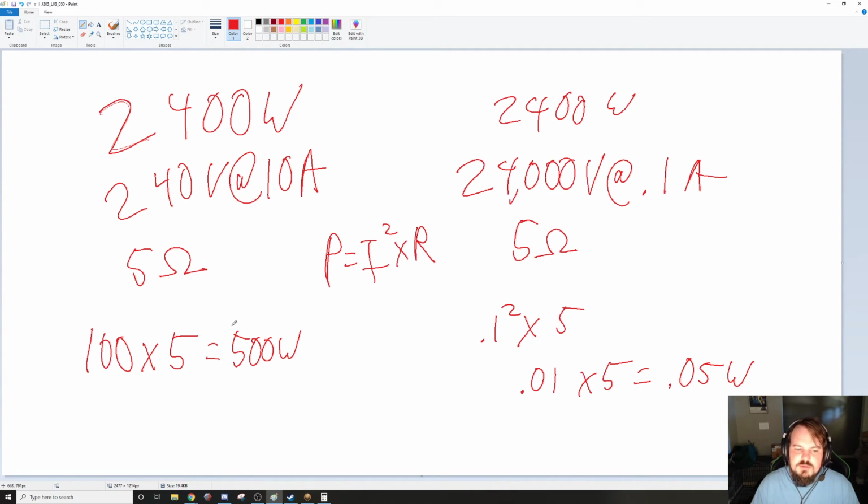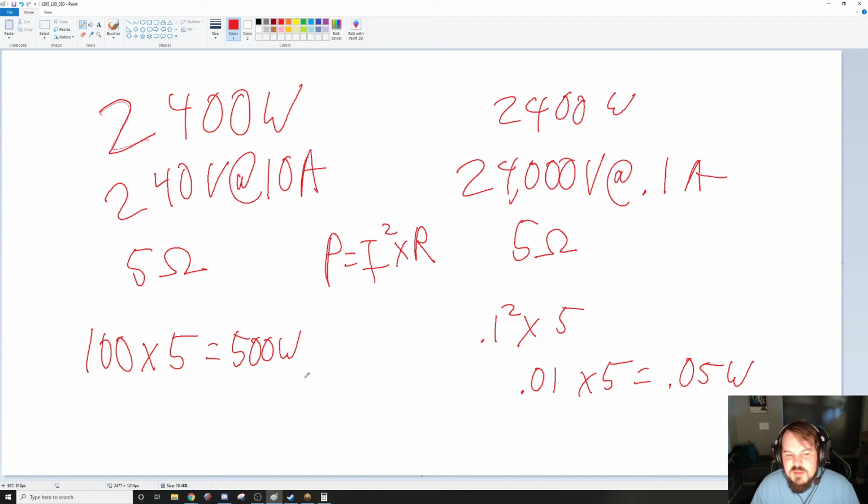If you have 500 watts being dissipated by the lines versus 0.05 watts being dissipated by the overhead lines, this is going to stay a lot cooler. And it's not going to heat up at all. 500 watts might be red hot, depending on how long the wire is. Now, if this wire was 5 ohms, that might be 5,000 foot long before you get to 5 ohms.